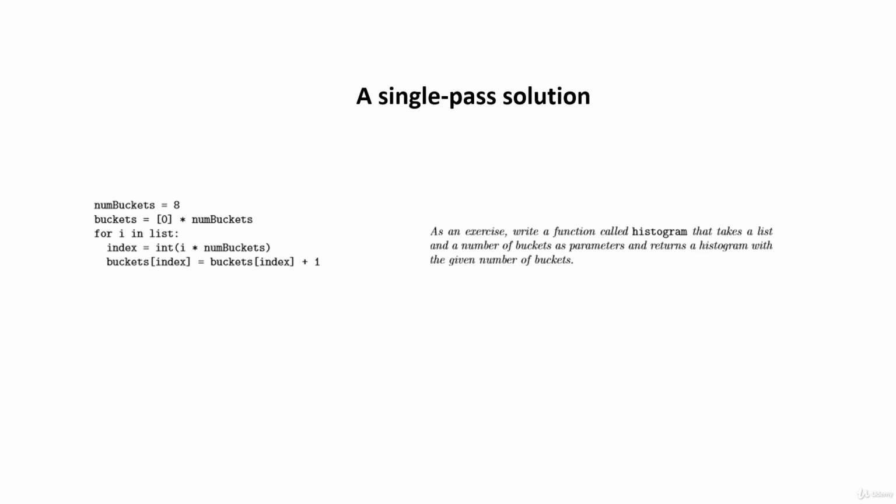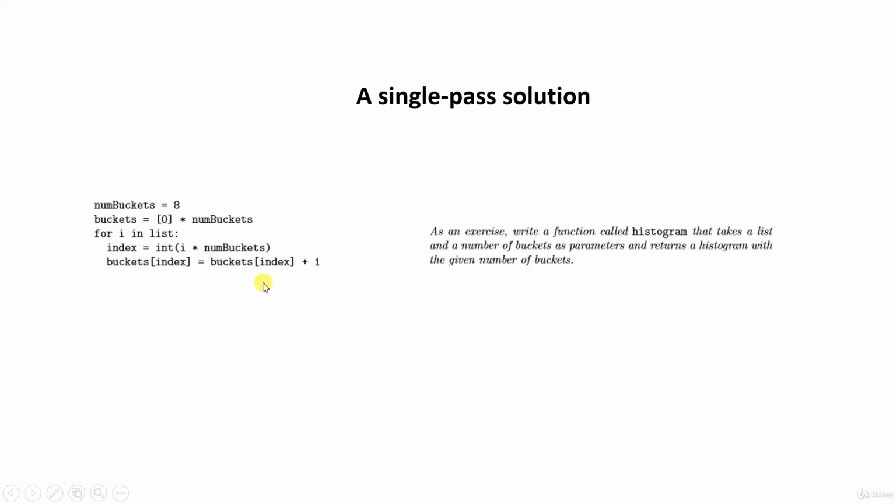Since bracket width equals 1.0 slash num brackets, dividing by bracket width is the same as multiplying by num brackets. If we multiply a number in the range 0.0 to 1.0 by num brackets, we get a number in the range from 0.0 to num brackets. If we round that number down to the next lower integer, we get exactly what we are looking for, a bracket index.